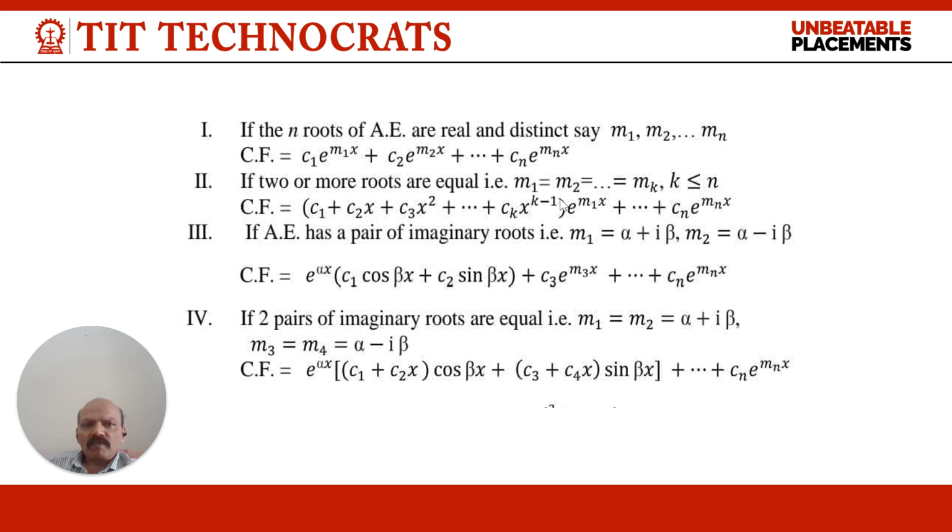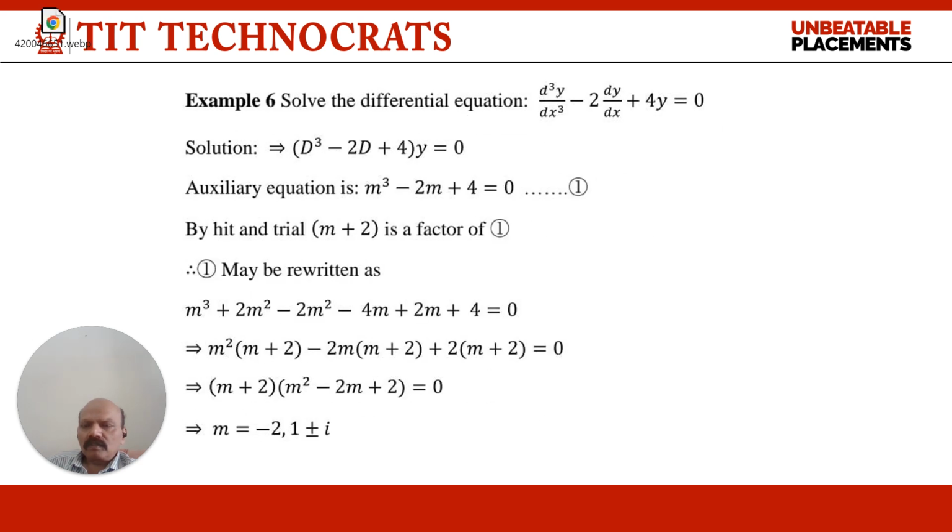If we have k number of roots equal, then the solution will be c1 plus c2x plus c3x square, in this way. So we will multiply the constants with x in increasing power, and we will get its solution.